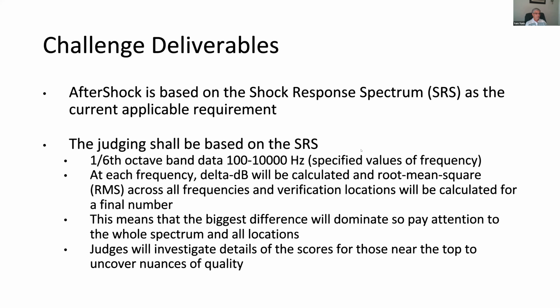And for each frequency we will compute a delta dB, so that we'll have that for every 6th octave frequency, and we'll take the root mean square of those errors in dB across all frequencies, and then across all verification locations, those 10 accelerometers I said we didn't include for you guys. And that will be a final number. So that's like a single number boiling down your entire prediction. And that's easy for us to begin the sorting process.